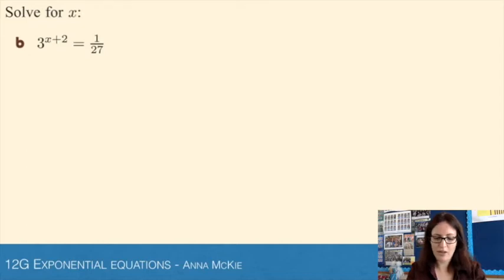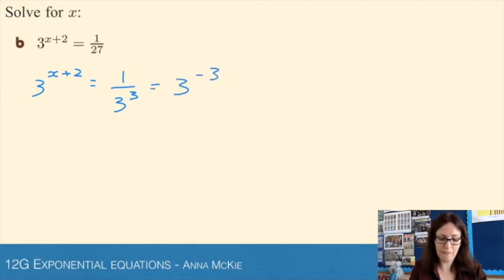Next one. 3 to the power of x plus 2 is equal to 1 on 27. The technique for solving is to get them equal to the same base. For the 1 on 27, we recognise that 27 is 3 to the power of 3, so we can write 1 on 27 as 3 to the power of negative 3. I'll write this out a little more neatly. Let's put them equal on the same line.